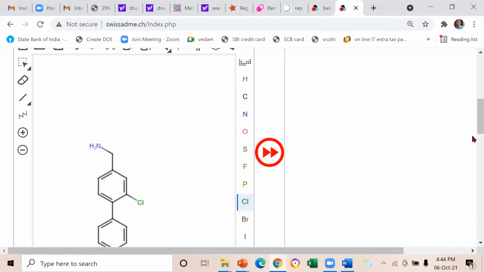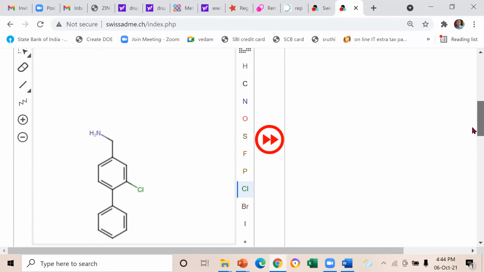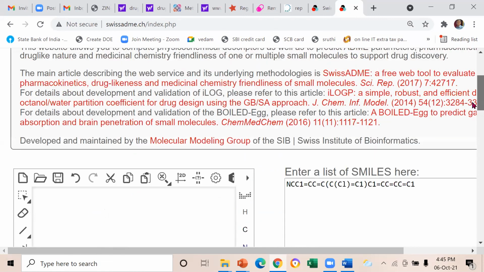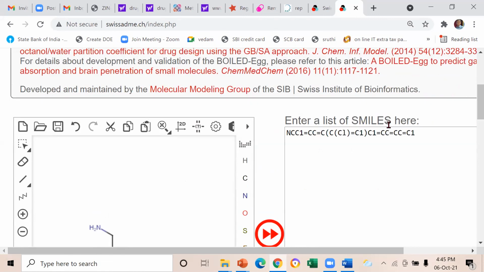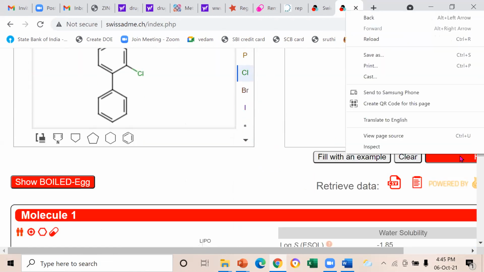So I have decided I want to know whether the properties are good or not. So I've drawn it, and then I do this, and I do this. It's writing the SMILES notation. I said I will tell you what SMILES notation is, and then I can say run.